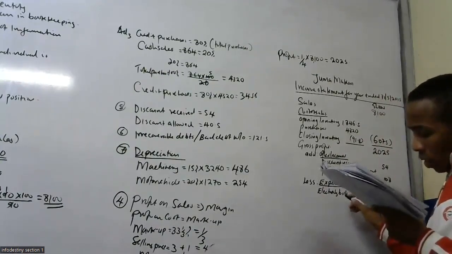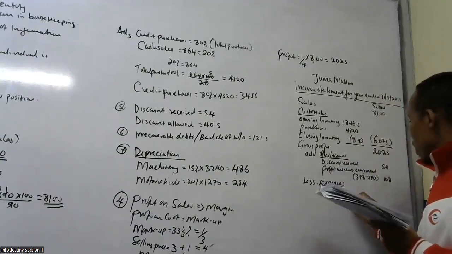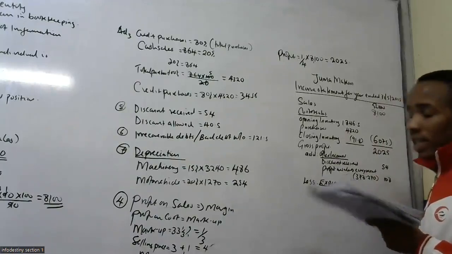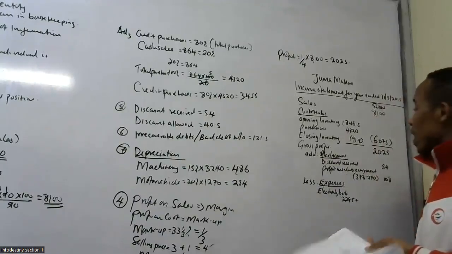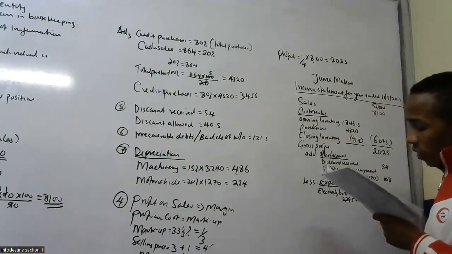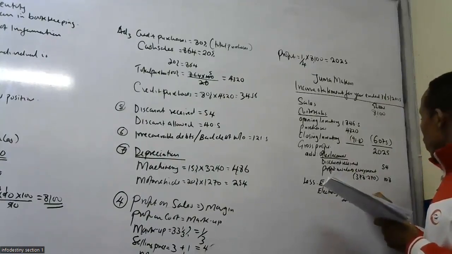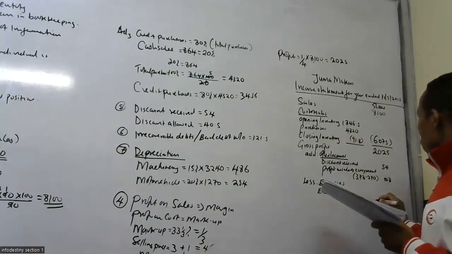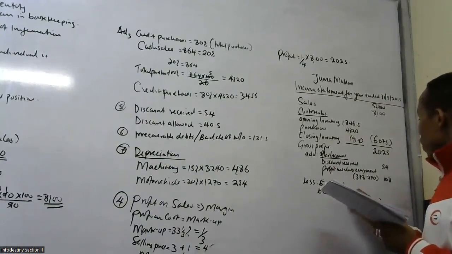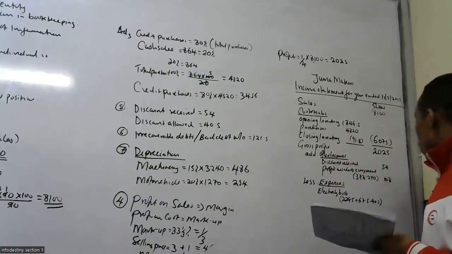Electricity bills, we are given first 229.5. Then we are told that we have outstanding electricity bills, outstanding expenses. Those are accruals. And accruals at the beginning of the year we less, at the end we add. So we add 67.5, we less 40.5.